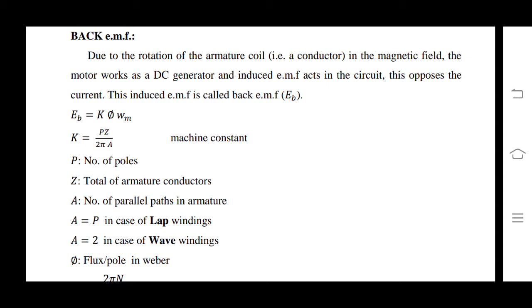If the machine does not produce a back EMF, the current drawn is more, and then the armature may heat up and be burned. So the back EMF is very important in the DC motor.